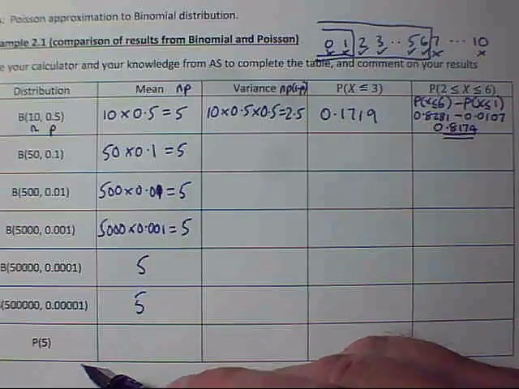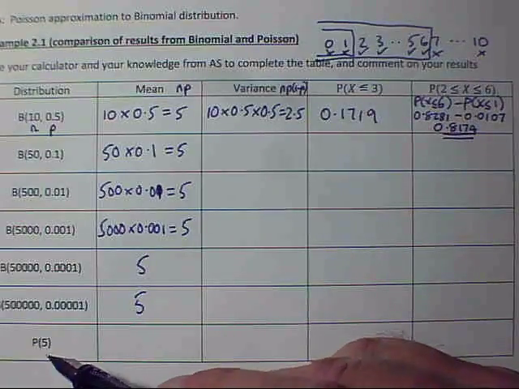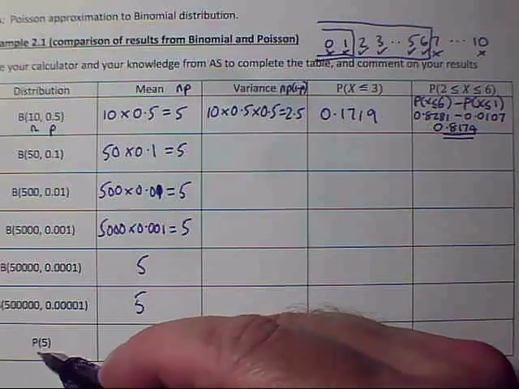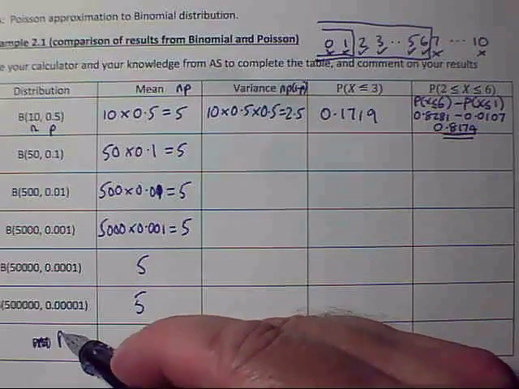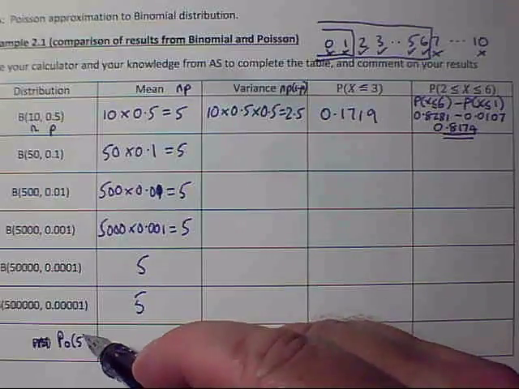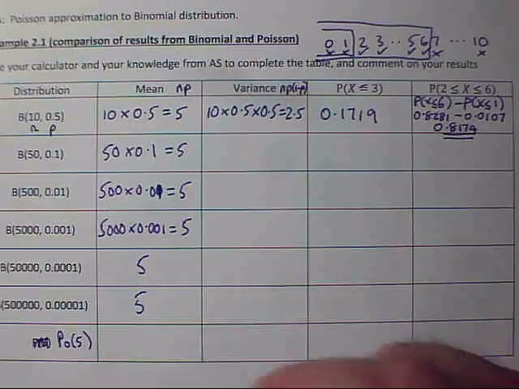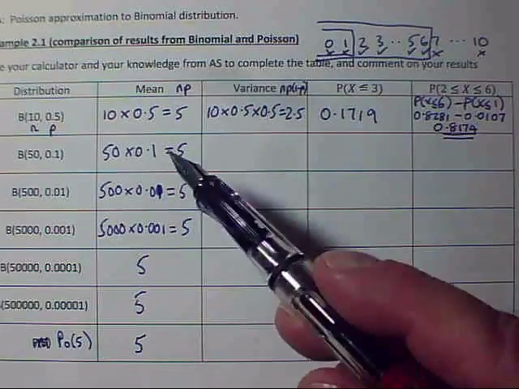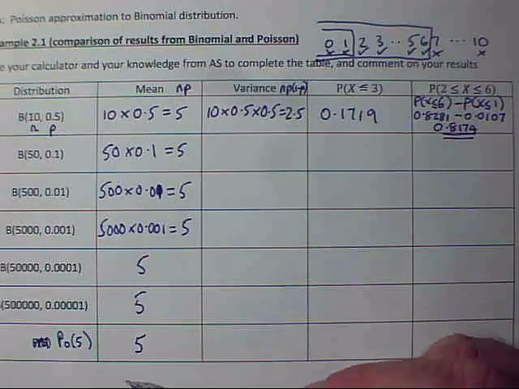Now on the last row I've got a Poisson distribution with a mean of 5. Oh, and this isn't quite right. This should say Po(5). Okay, must put that right in the booklet. Poisson distribution with mean of 5. And that's why all of these binomials were chosen. So we've got lots of different binomials, all with the same mean.